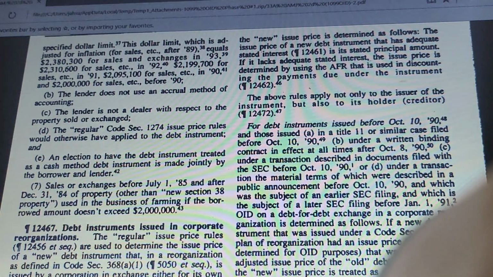The issue price of a new debt instrument that has adequate stated interest (¶12461) is its stated principal amount. If it lacks adequate stated interest, the issue price is determined by using the AFR that is used in discounting the payments due under the instrument. (¶12462.)